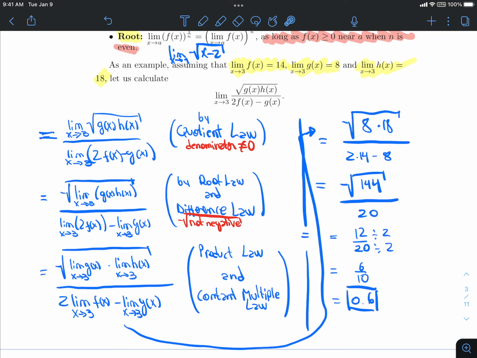That's because here I've already plugged in the values for the limit of f, so I'm no longer calculating a limit. I've already found the limit value, so I can stop writing them now. So that's it. That's how you use your limit laws. Pay attention to that, and I hope this was helpful to you.